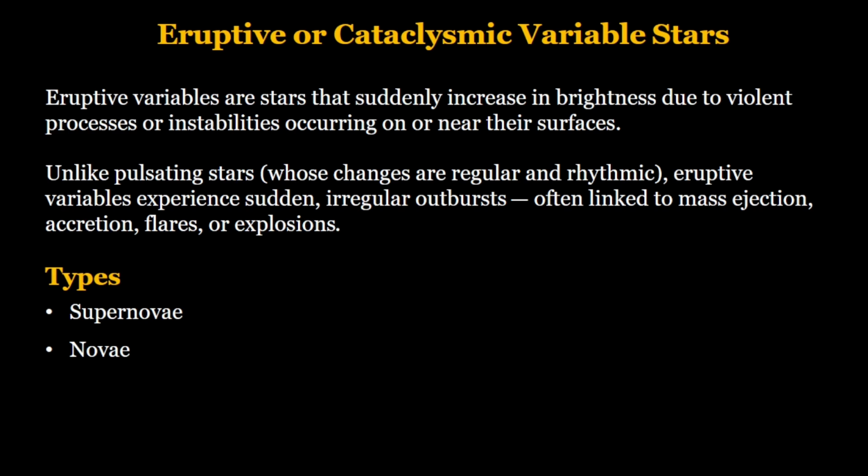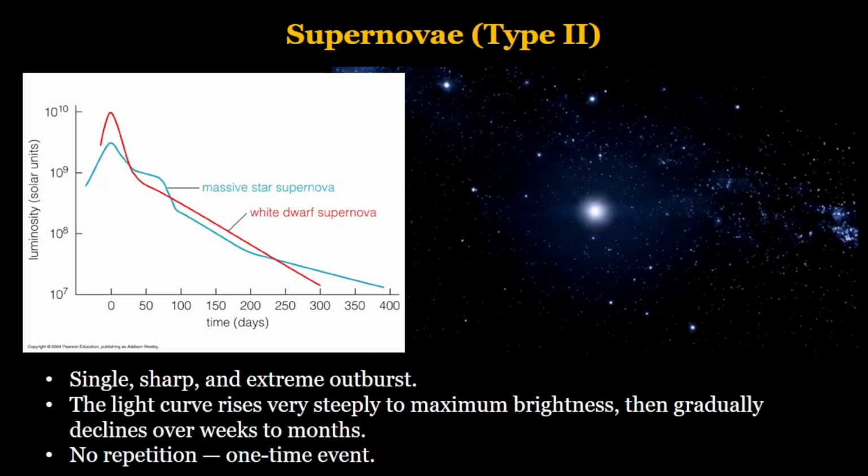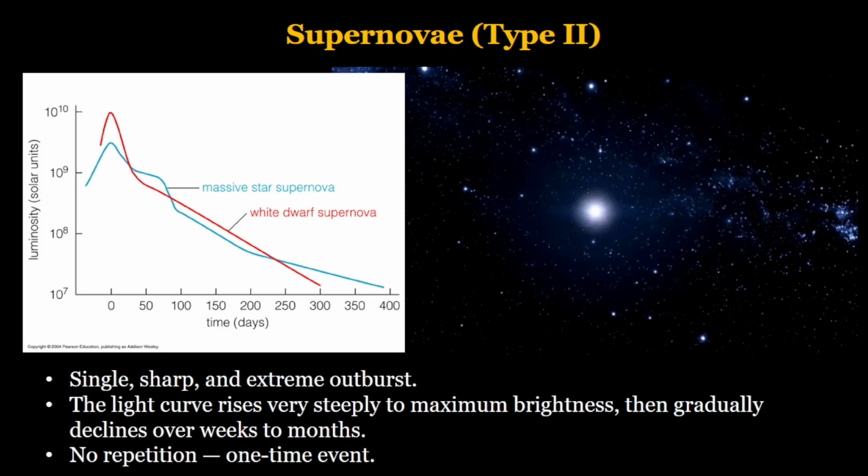Examples are novae and supernovae. Unlike pulsating stars like Cepheids, whose brightness changes are regular and rhythmic, eruptive variable stars experience sudden irregular outbursts, often linked to mass ejections, accretion flares, or explosions. Like I said, examples are supernovae and novae.